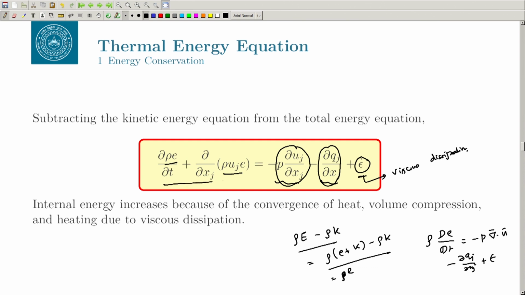The left term I expressed completely as the total derivative, and dissipation goes to 0. We can absorb the minus P del dot U term on the left. So, this becomes rho dh by dt, where h is the enthalpy, equal to minus del Q j by del x j.